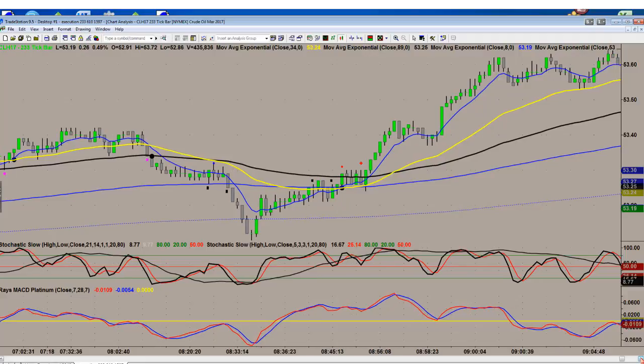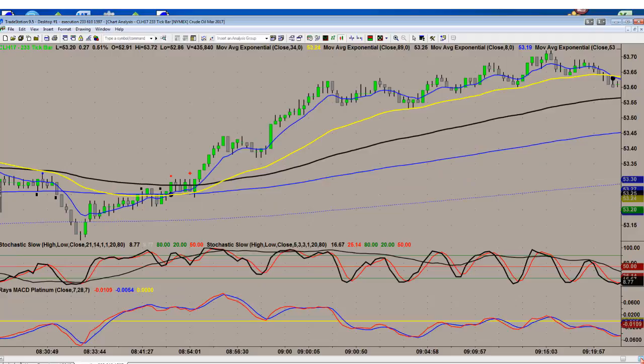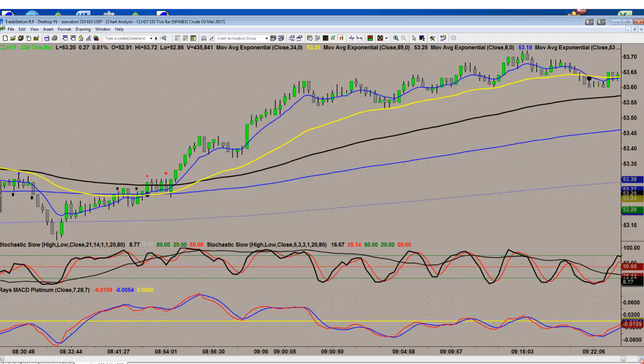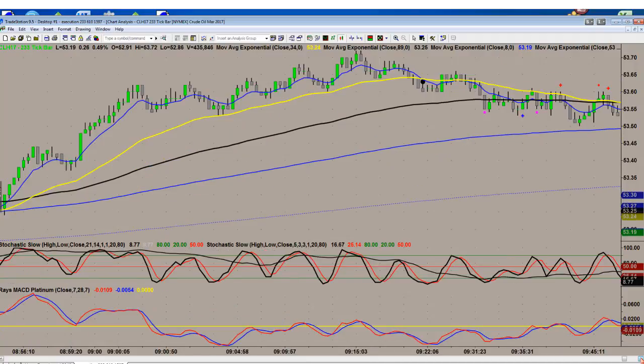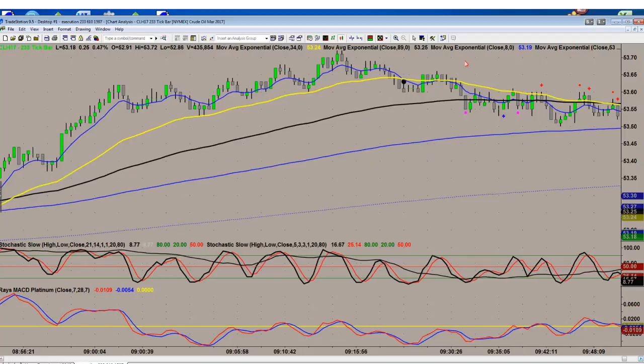All right, well, let's watch this right here. Prices have run pretty good. Here is our 89B. The moving average is still underneath the 34.